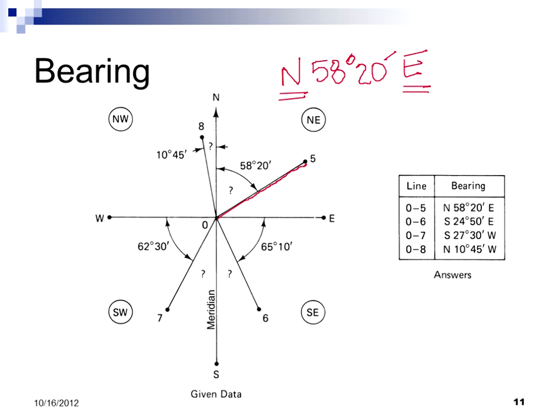Now, whenever you write a bearing, you must include your directional component. Okay, so let's look at 0 to 6 here. What is the bearing of line 0, 6? Okay, Josh, you're really, really close.